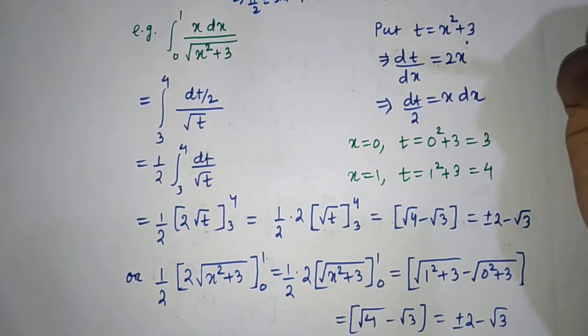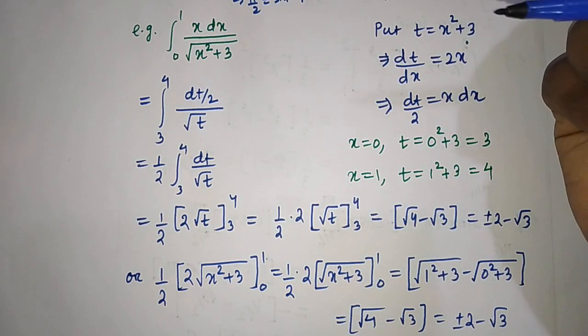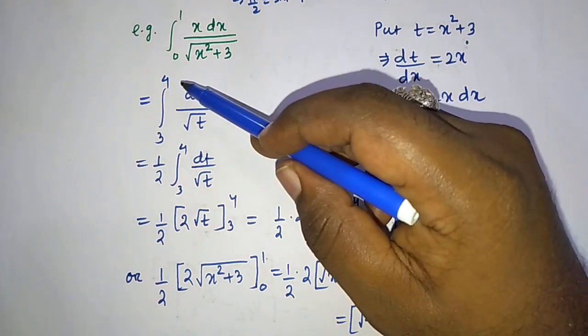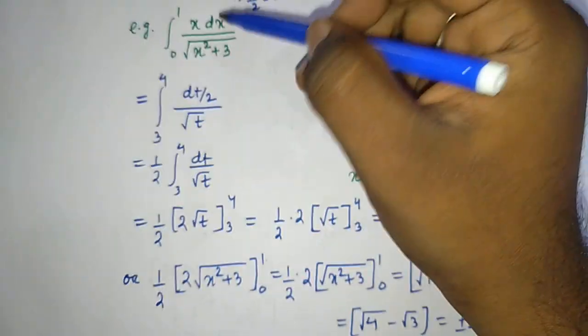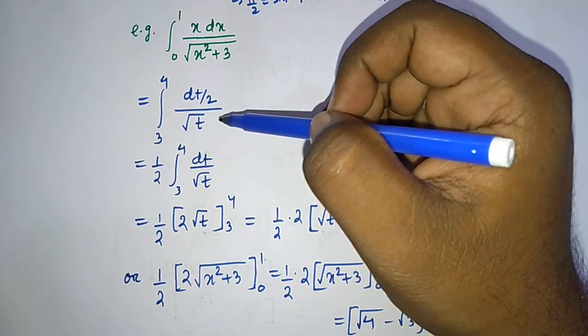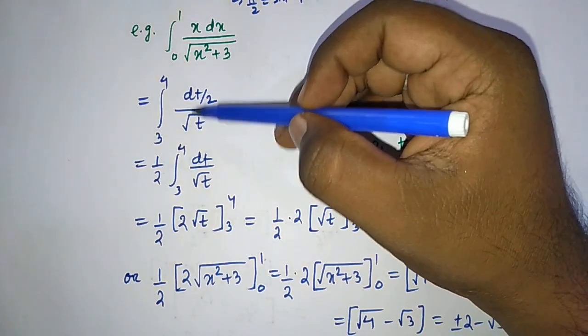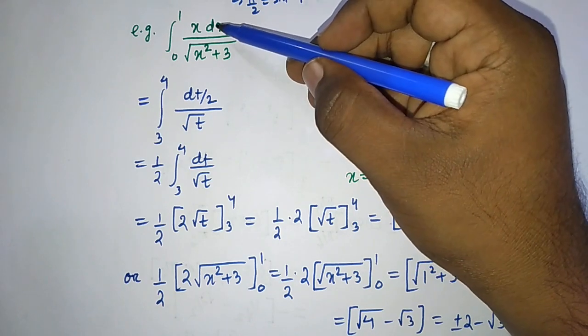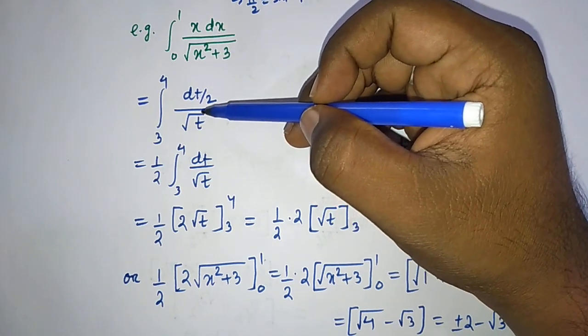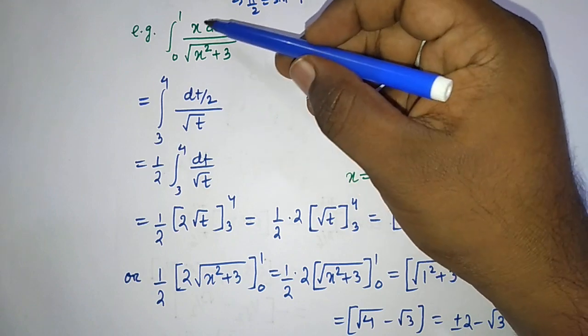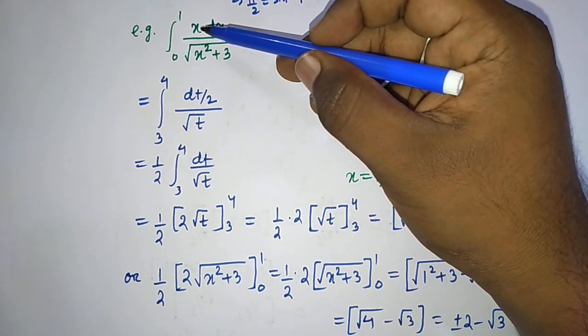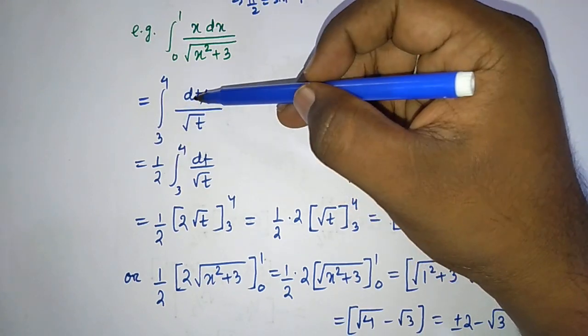Okay, so here one extra thing you have to do: you have to change these limits as well. In the next step, you have done the substitution, you have changed these variables. Here variables are in x form, here variables are t. Here the whole function is in the form of x, here the whole function is in the form of t.